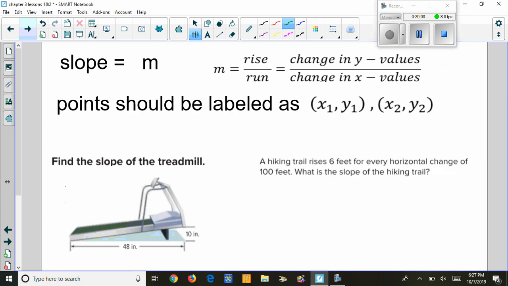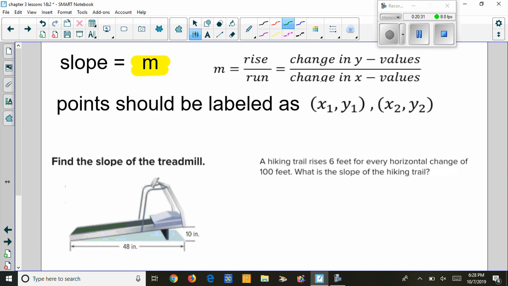Now we're going to get into slope. Slope, again, is finding rate of change. We have rise over run. We have our change in y values and our change in x values. Important to know is that we use the variable m to represent slope.